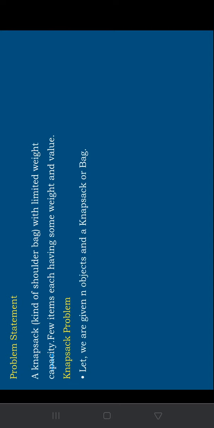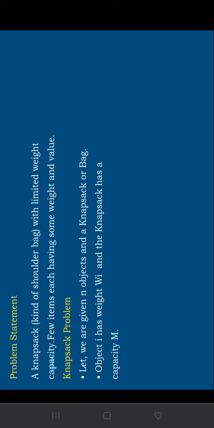So the problem statement says a knapsack, a kind of shoulder bag with limited weight, is given and a few items are added, and adding these items into the bag creates some profit. This is the problem and you can see the bag also.